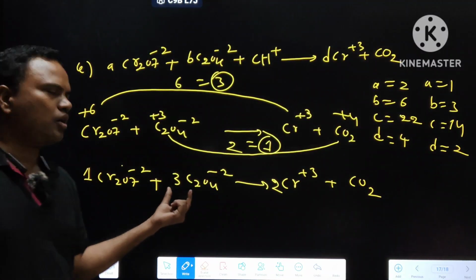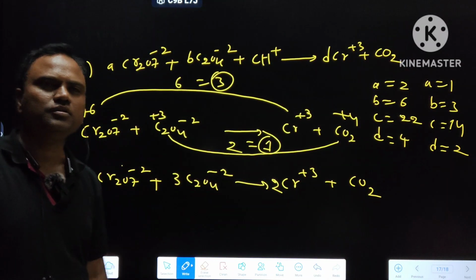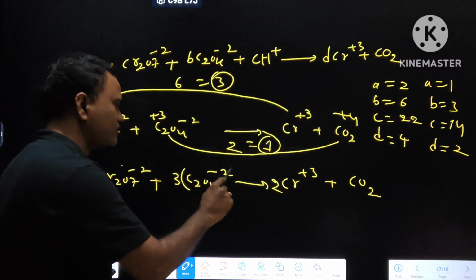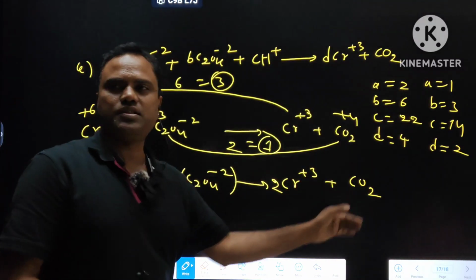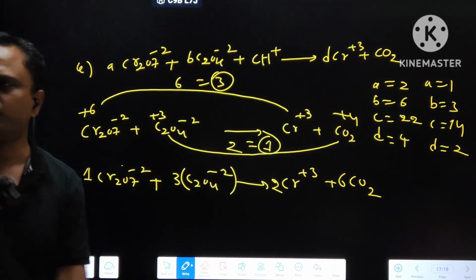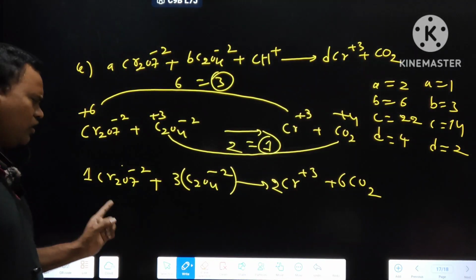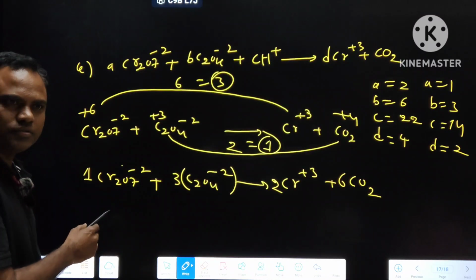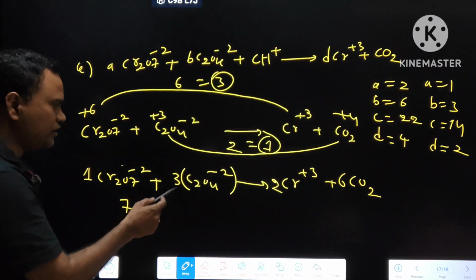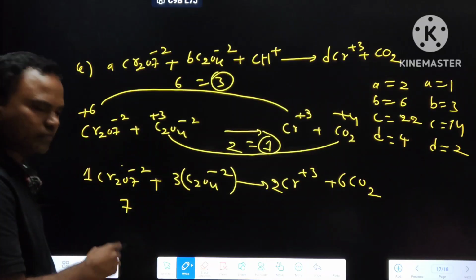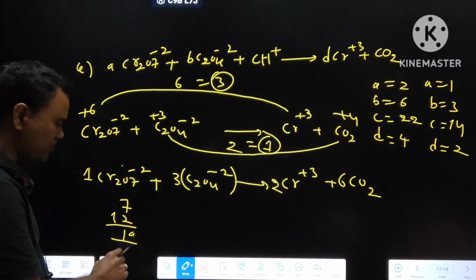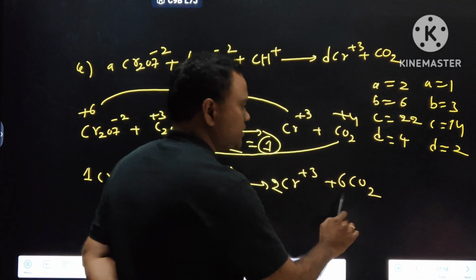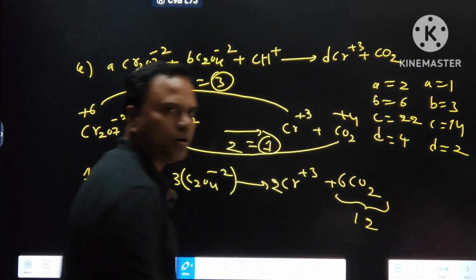Here, how many carbons are there? 6, 3 into 2. 6 CO2. Left side, how many oxygens are present? 7 here, and 3 into 4, 12. So 19 oxygens. Right side, 6 into 2, 12 oxygens.